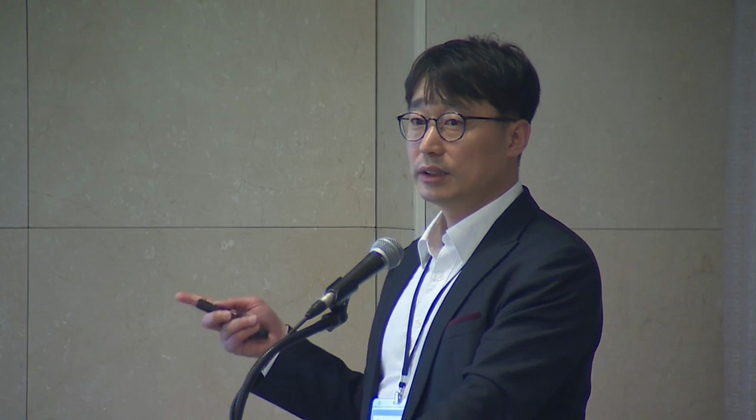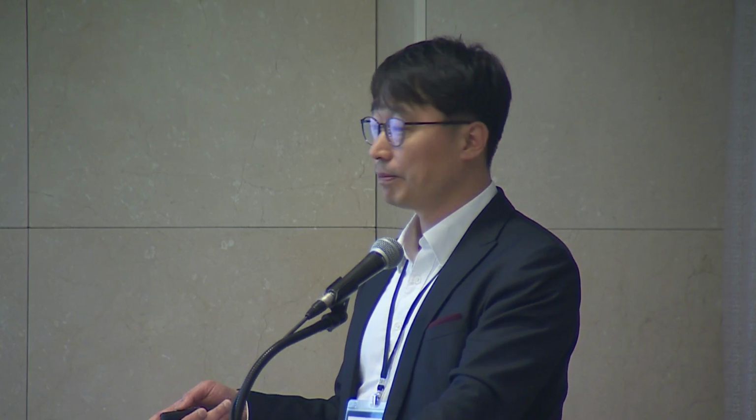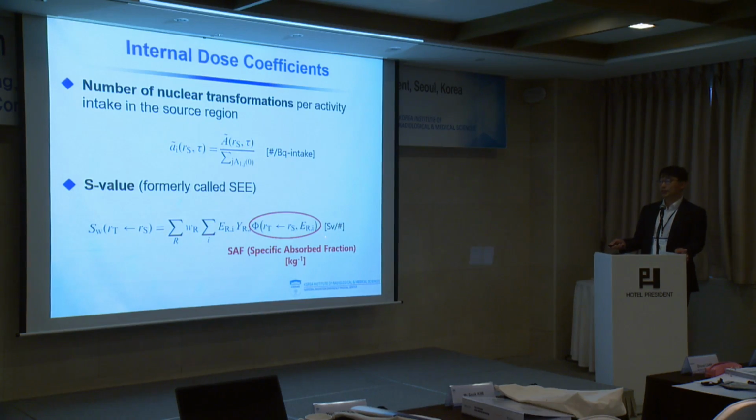We have to consider the radiation weighting factor, the energy of the radiation, and the emission probability. And this term is the specific absorbed fraction, which means the fraction of energy absorbed in the target region from the emitted radiation in the source region. Anyway, the S value's unit is sievert per transformation.